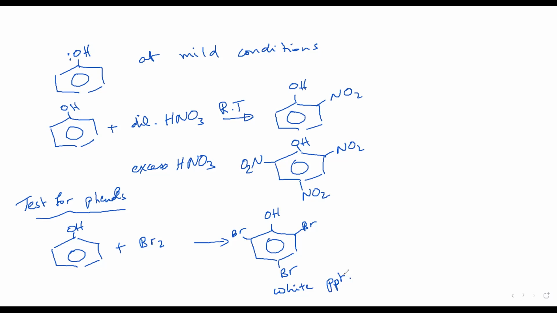But there is also, the amines do the same reaction. If you have a phenylamine, it will undergo the same reaction with bromine. It will give also a white precipitate, which is a tribromophenylamine. But this test is a special test for phenols.